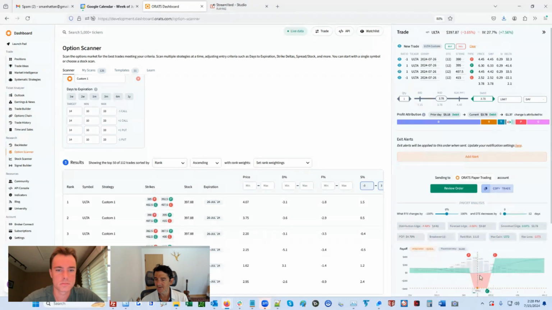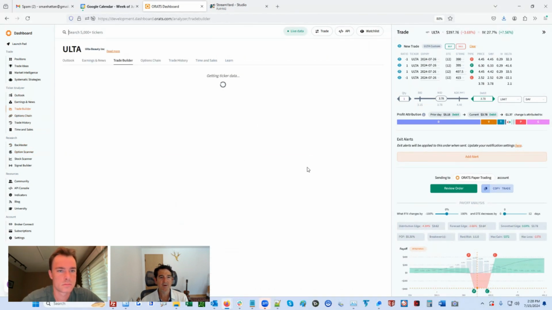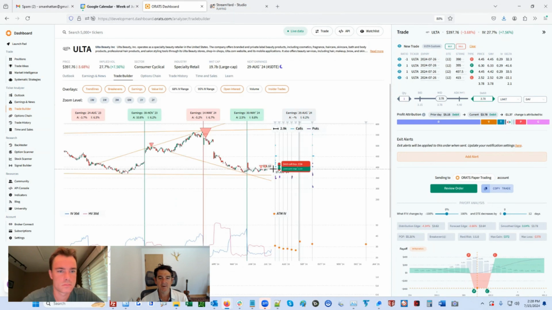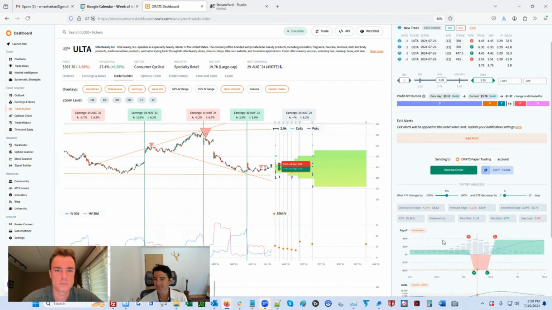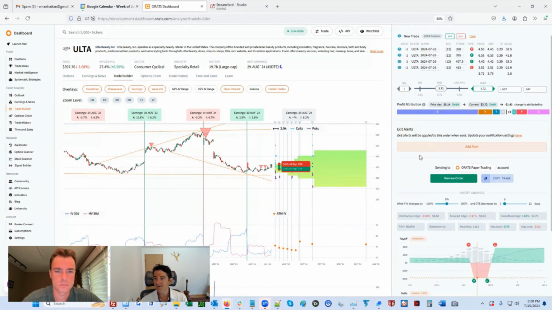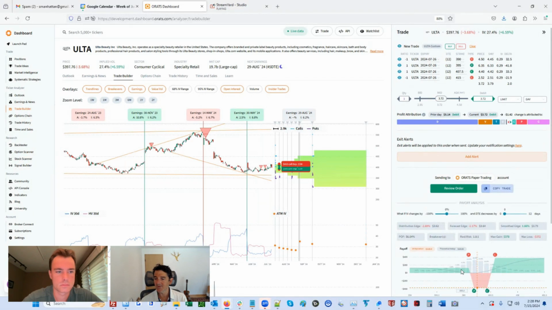It's pretty close. It doesn't have to move too much. Let's see how Ulta's been moving. So Ulta moves when it moves. So I think that's something where we could get outside the 395, 407. Looks like it's a short delta. No, it's a long delta because we could make more on the top, but we're closer to the profit on the bottom. So this looks pretty good.